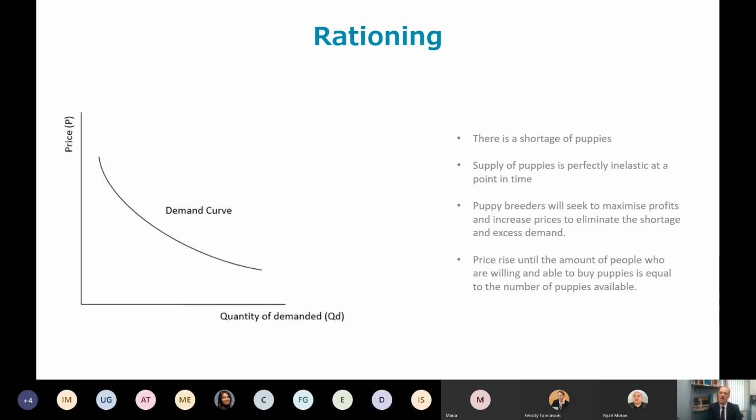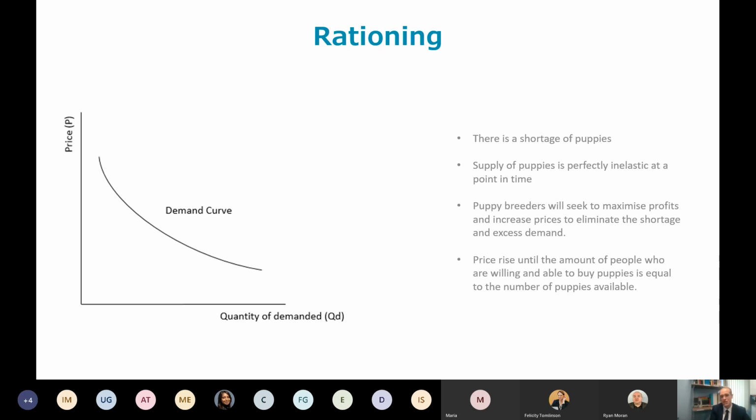But the market for dogs is actually quite unusual because there is a fundamental shortage of puppies. So in economics, we might say that the supply of puppies is perfectly inelastic. This means that we can't just magic them out of thin air. This isn't Greek mythology or Harry Potter.